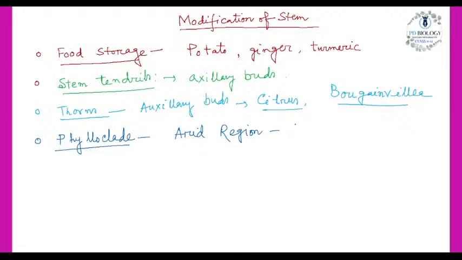We are giving two examples, one flattened, another cylindrical. The flattened stem is Opuntia, and Euphorbia is the cylindrical stem.